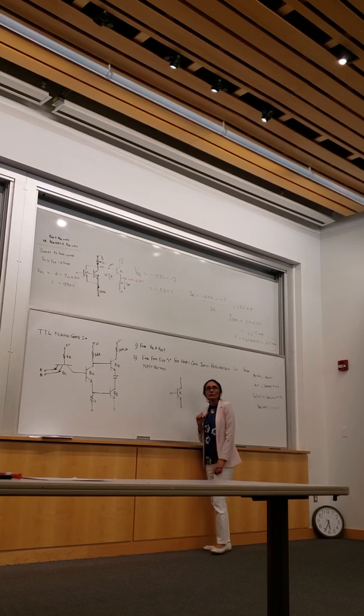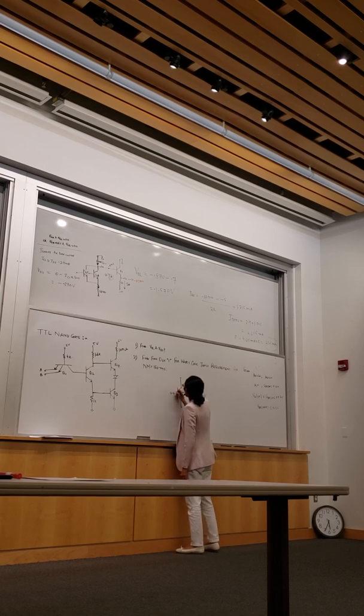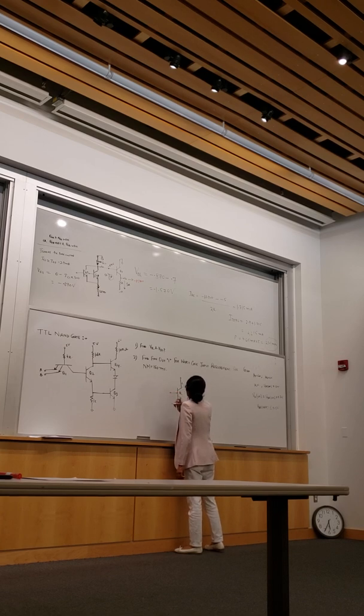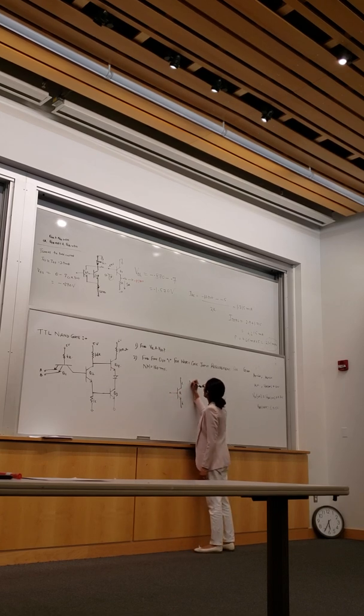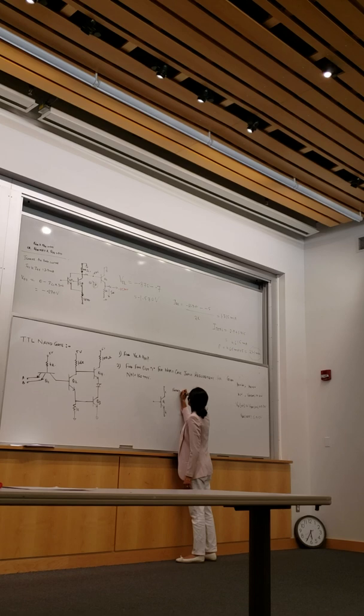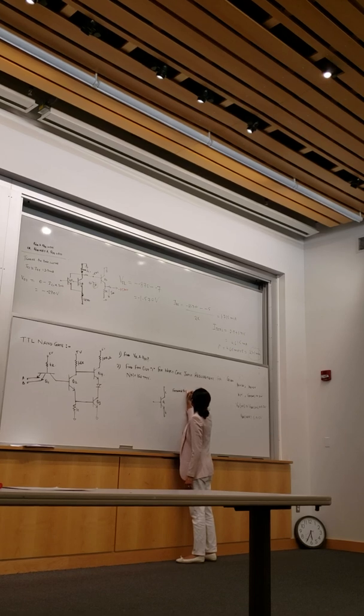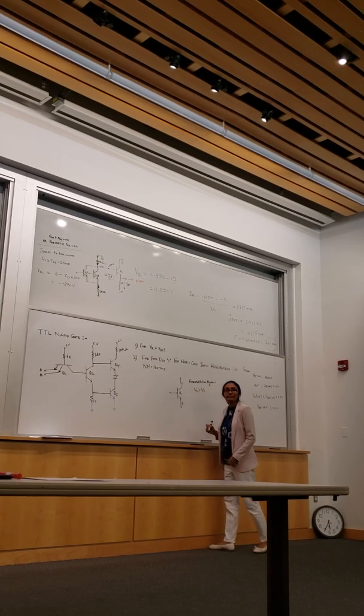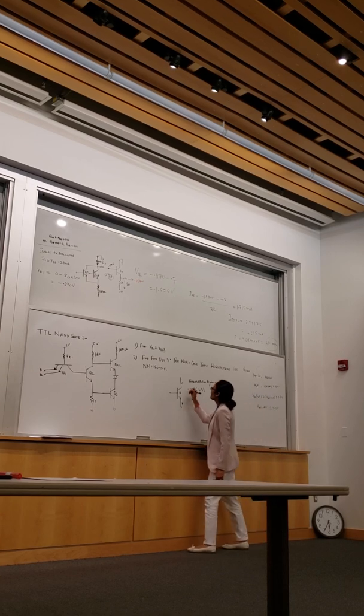Let's say this is Q, okay? This is your base, collector, this is your emitter. Now for forward active region, VC is higher than VE, okay?